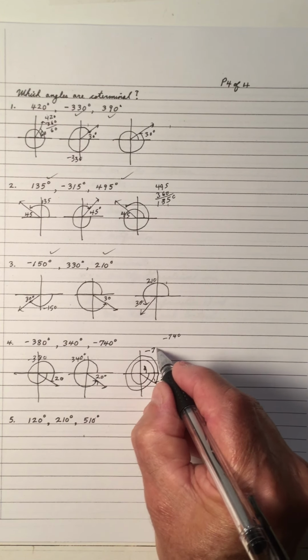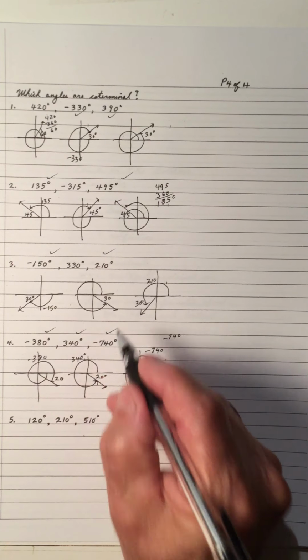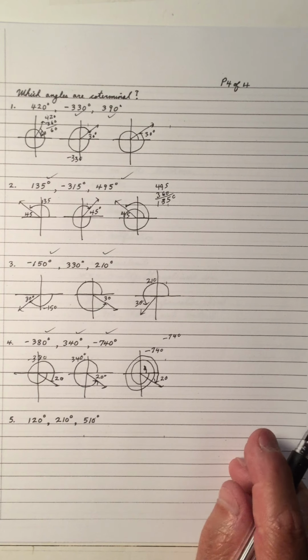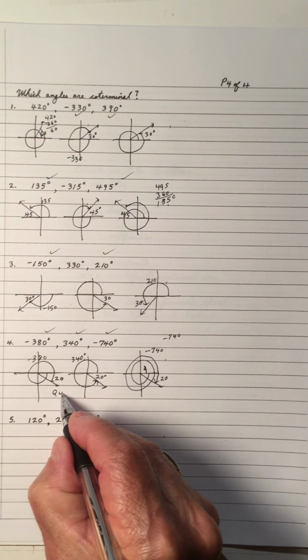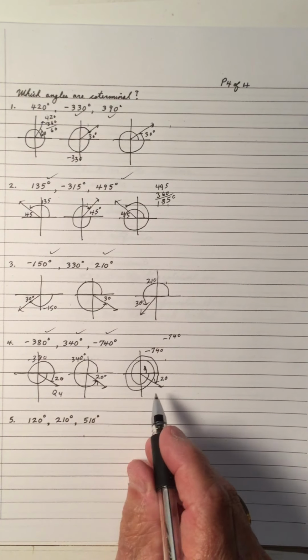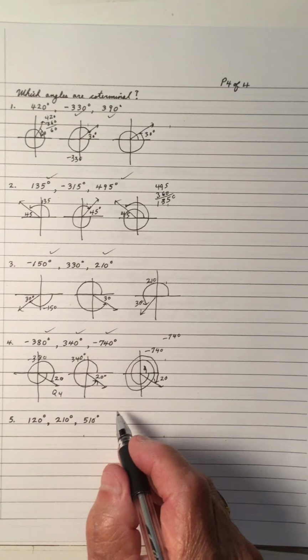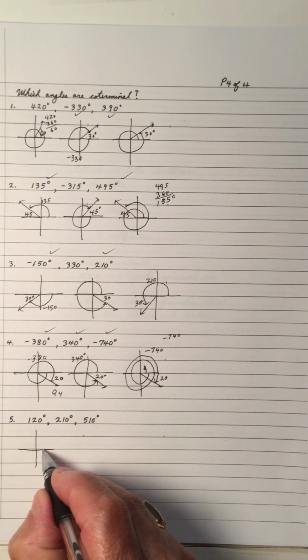So that's the negative 740. And they're all coterminal, because they all end up in quadrant 4. Quadrant 1, quadrant 2, quadrant 3, quadrant 4. They're all coterminal. And number 5, 120 degrees.